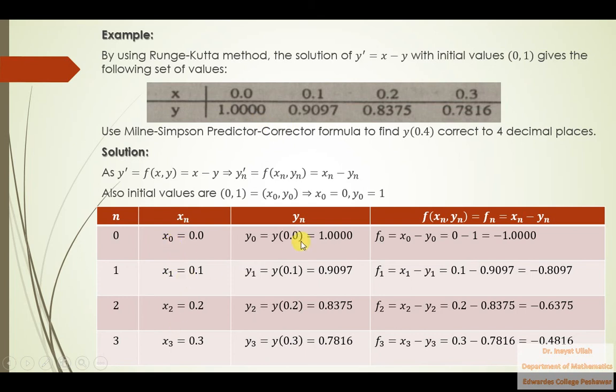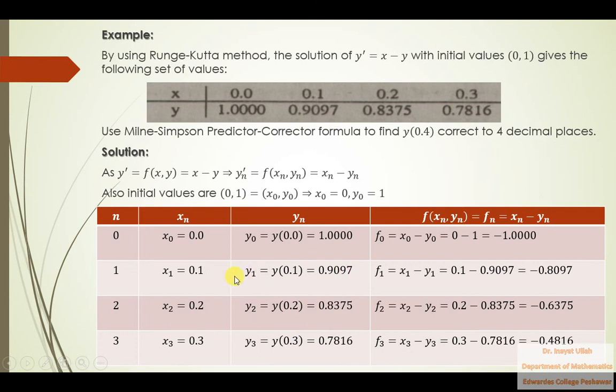And the third column is y n. Y naught is 1.0000. Y naught is actually y of x naught, y of 0.0. Y1 is 0.9097.